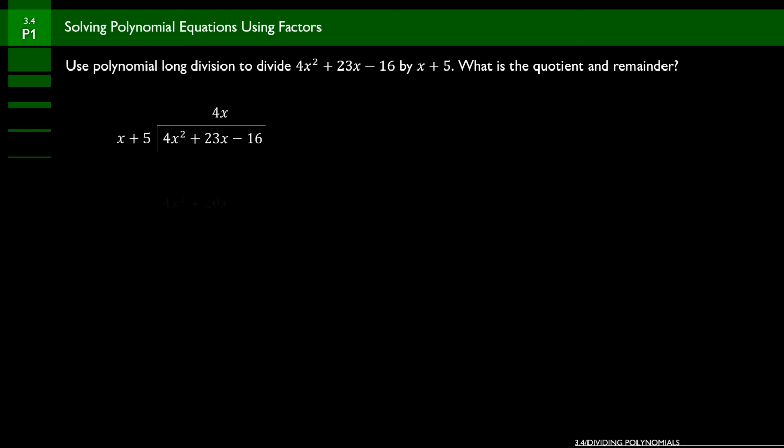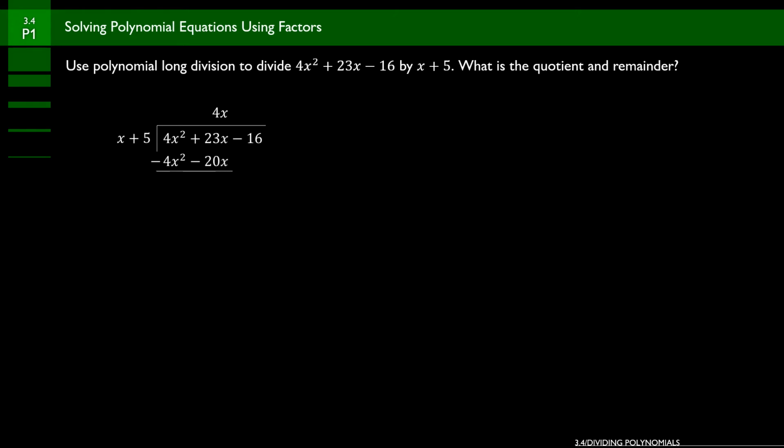So you end up with 4x squared plus 20x. Now, distribute a negative through to both terms. So the 4x squared plus 20x becomes negative 4x squared minus 20x. It's very important to note that this has to be done to both terms, or all of the terms that we're subtracting from the dividend.